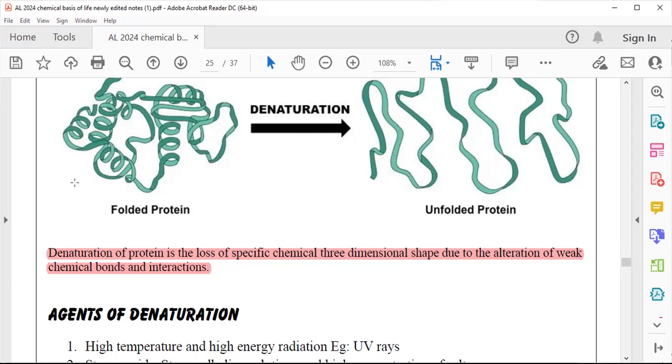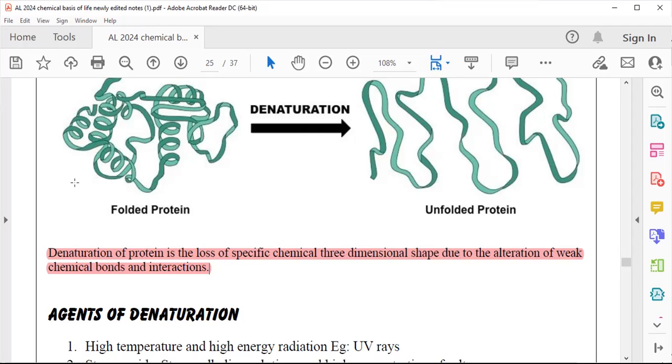Alteration of weak chemical bonds and interactions. This is how they have told it. Majorly hydrogen bonds, hydrophobic interactions, and ionic bonds are the three coming under weak chemical bonds and interactions.